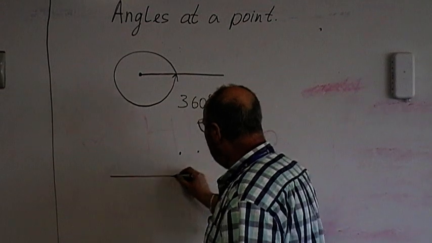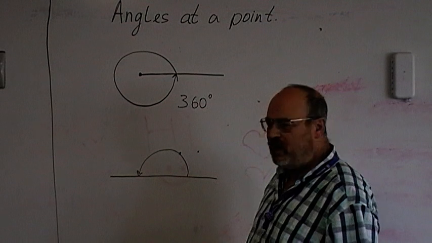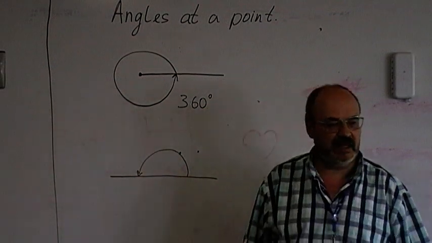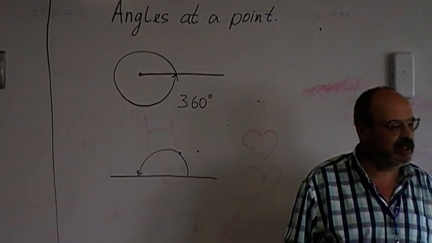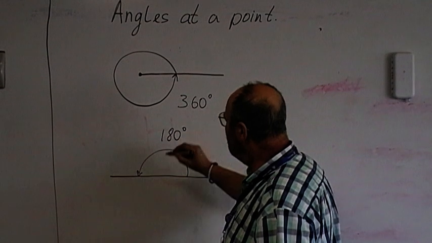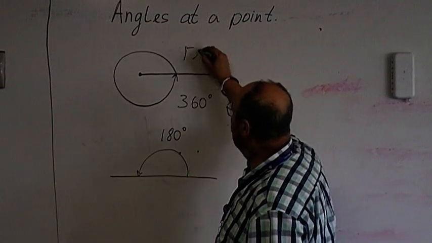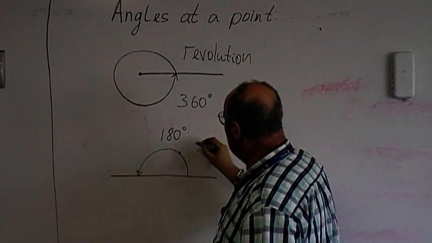If we have such an angle, it's called a straight angle, and it is 180 degrees. So this is a revolution, and this is straight.